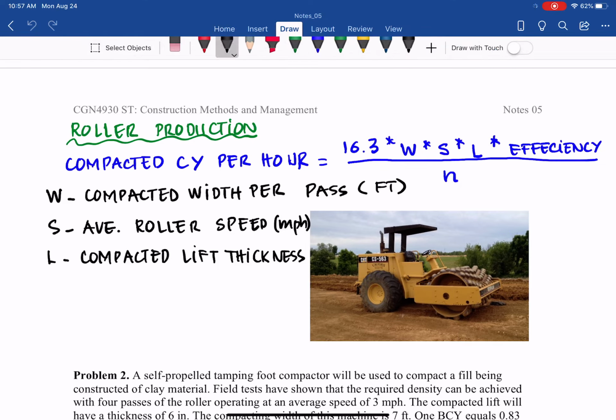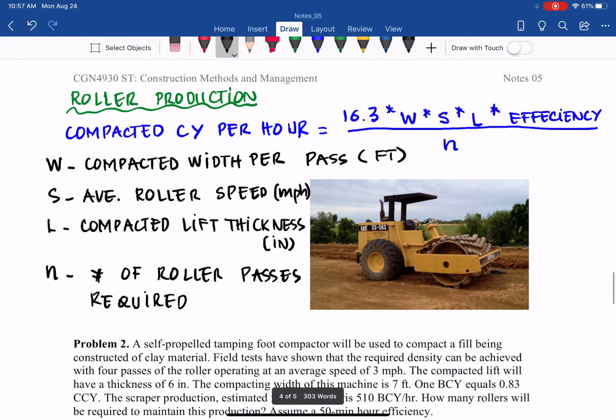So we don't worry about the unit conversion, we just use exactly the units that we described here. Thickness is measured in inches, and N stands for the number of roller passes required to meet the desired density.